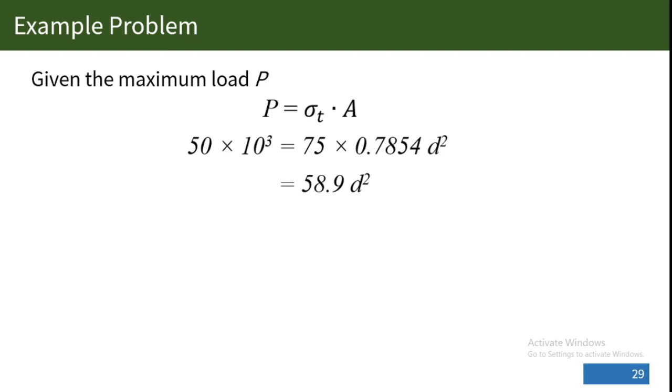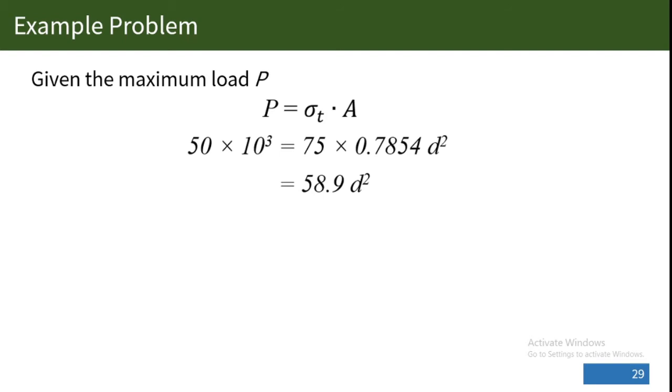We all know that 75 MPa is equal to 75 newton per square millimeter. Thus, we are just substituting it directly in the second line, multiplying it with the value of the area that we had just solved previously.